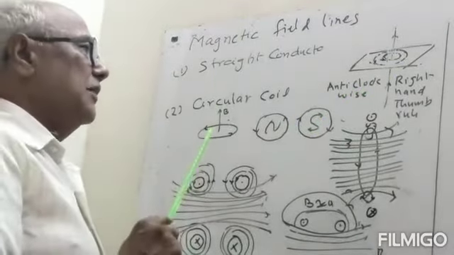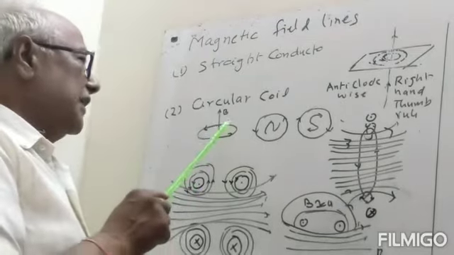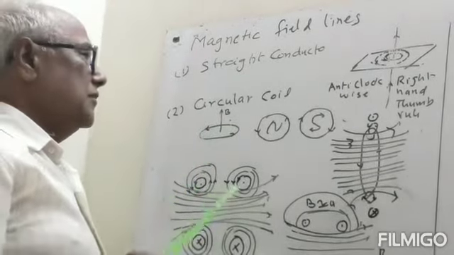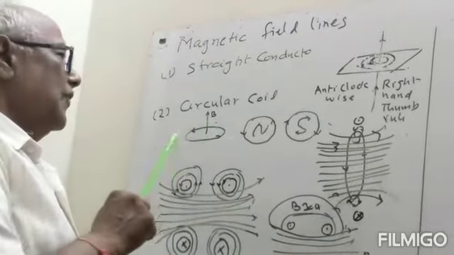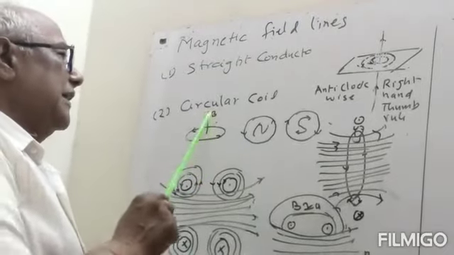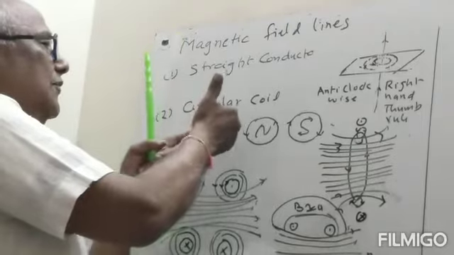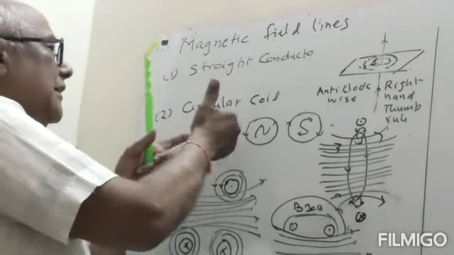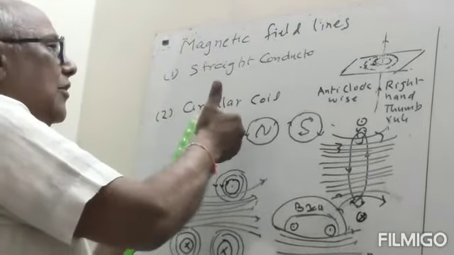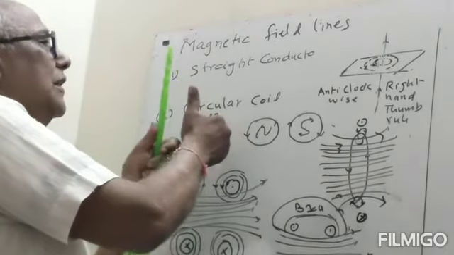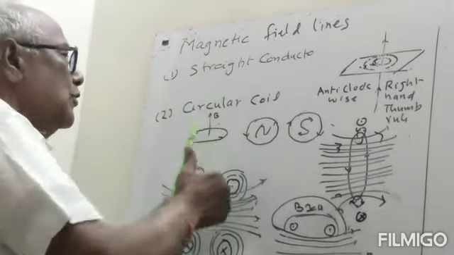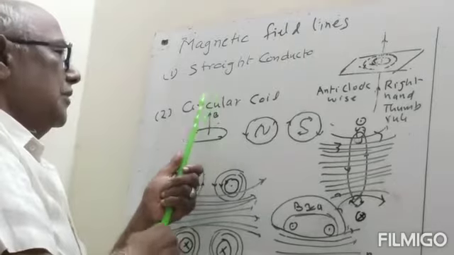Here it is the reverse of this. The current is anti-clockwise, so the magnetic field will be perpendicular to it, so it will be this one.